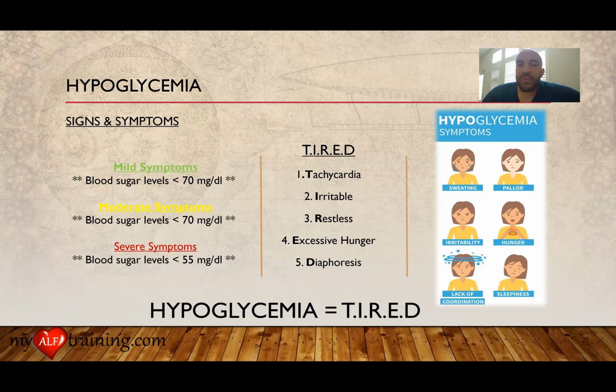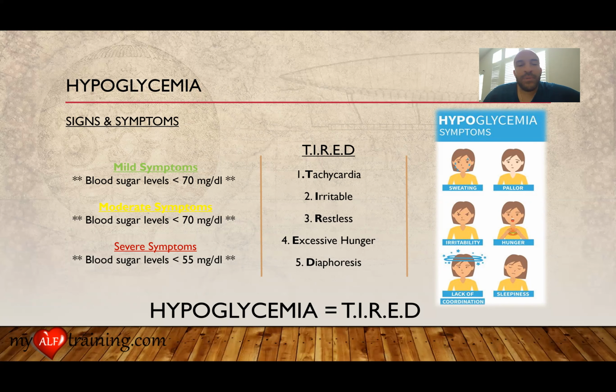And that mnemonic is the word TIRED. So in bold font at the bottom, you see I have the word hypoglycemia equals tired. Tired because patients with hypoglycemia tend to present with tachycardia. They present to be irritable, restless, excessively hungry, and diaphoretic, just as the picture is demonstrating those symptoms.